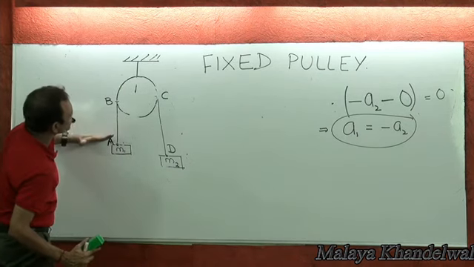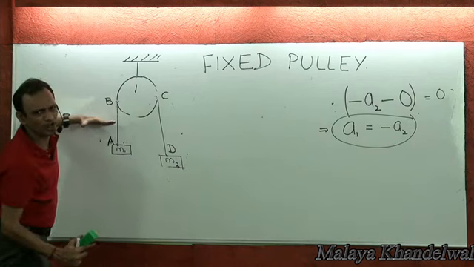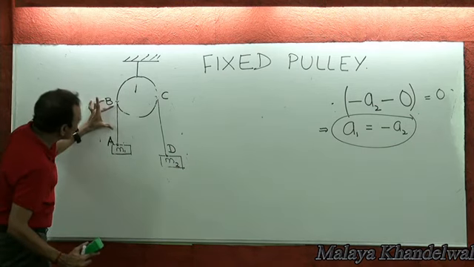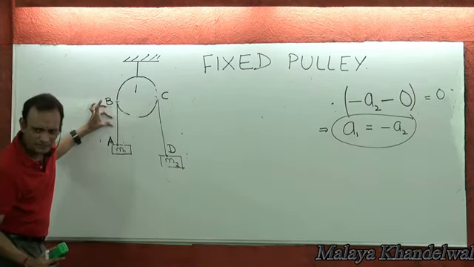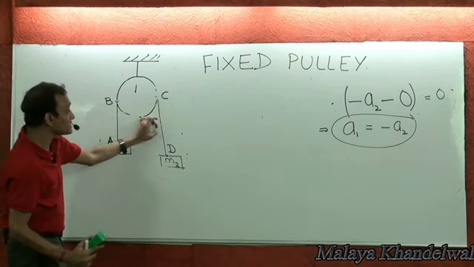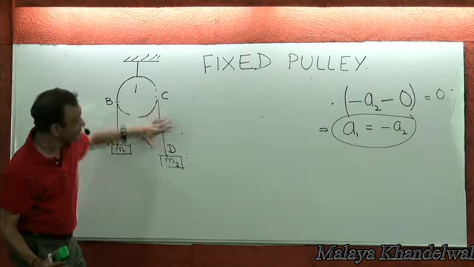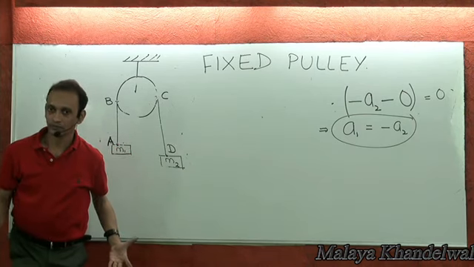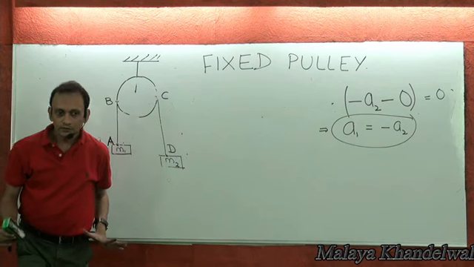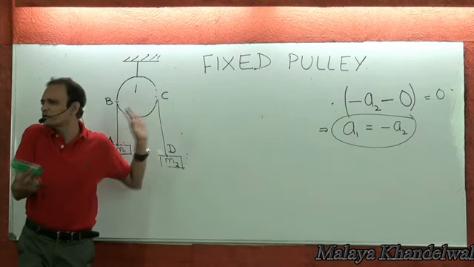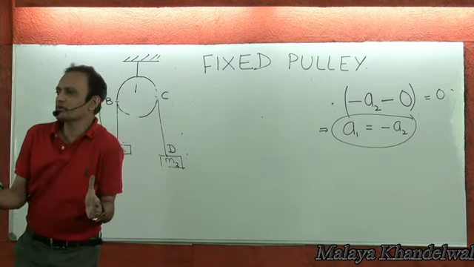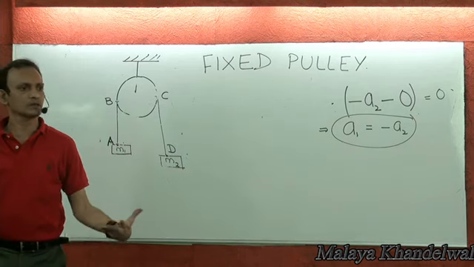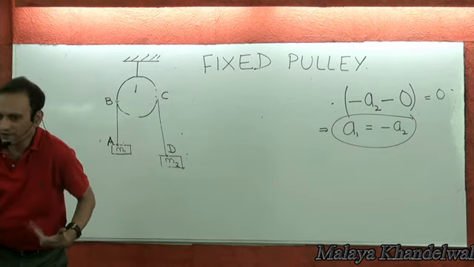So, needless to say that if this had a velocity of 5 meters per second, that means this length is decreasing 5 meters every second. That means this length must increase 5 meters every second. That means D must go down by 5 meters every second. Yes or no? Right, for which I wrote all those equations, but it's about constancy of string length, which is the string constraint, which is what we are all dealing with right now.